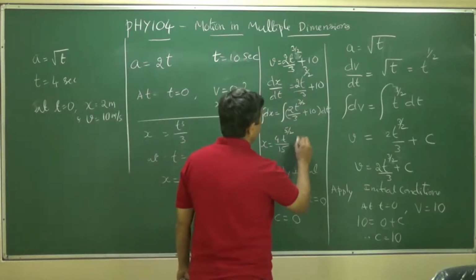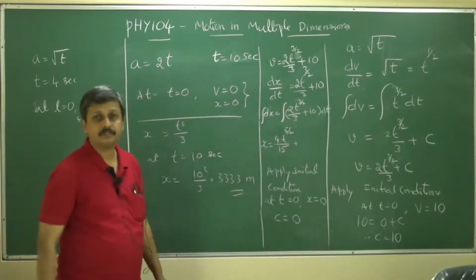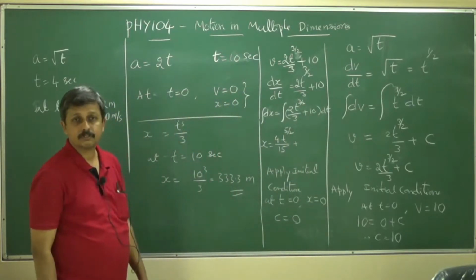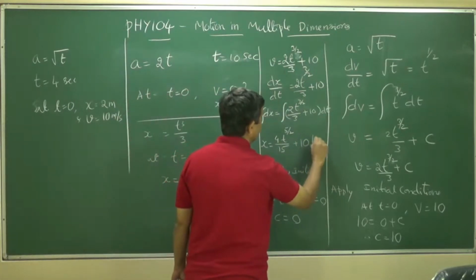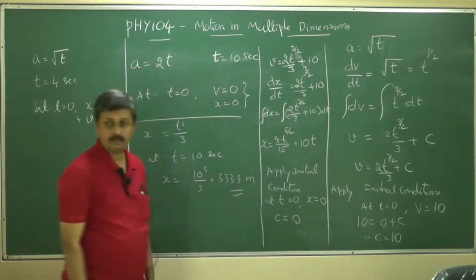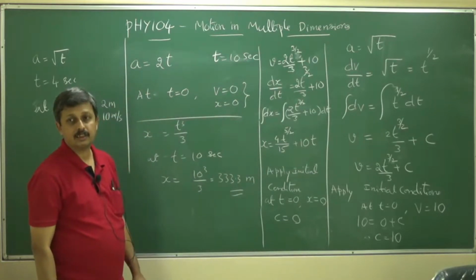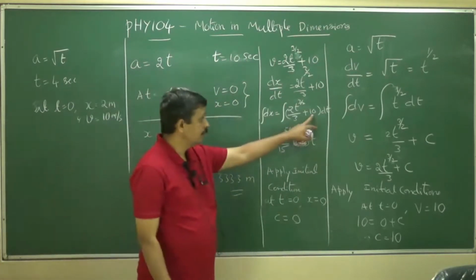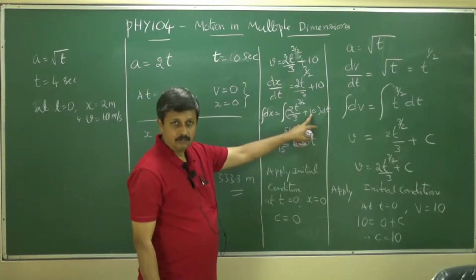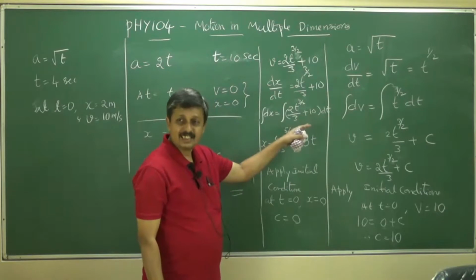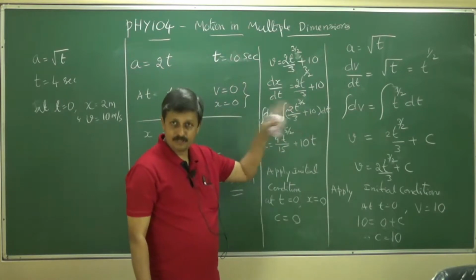Plus 10, if you integrate, what will you get? 10 is a constant. When I integrate 10 with respect to t, I will get 10t. When you integrate a constant with respect to t, you will get t, isn't it? Because when you differentiate t, you get 1.